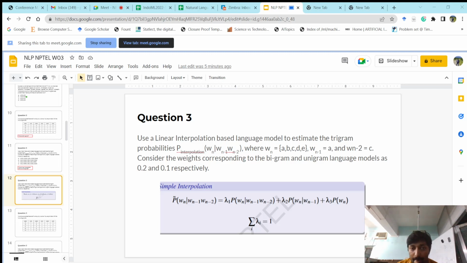When you are starting the MLE, trying to find the probability, you are only looking at the top 50. So then it is better to use this kind of interpolation to get the estimate. But if the corpus is large, then this doesn't hold much value. As you will see, the lambda values will then prefer the trigram over the rest.